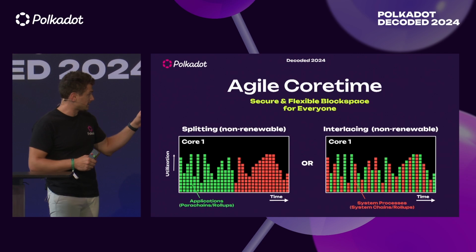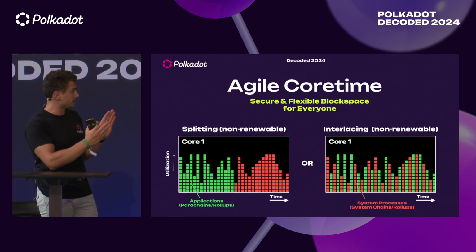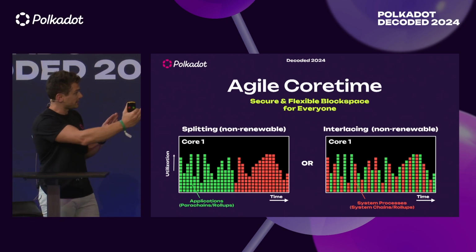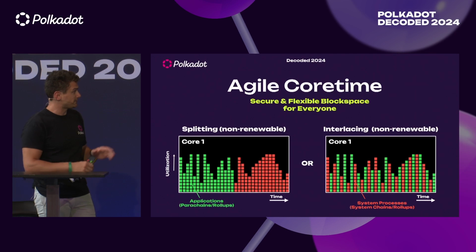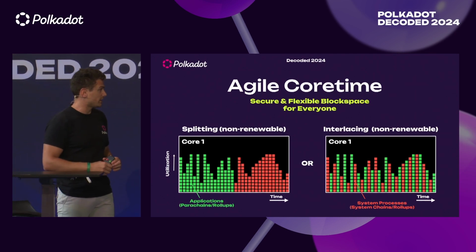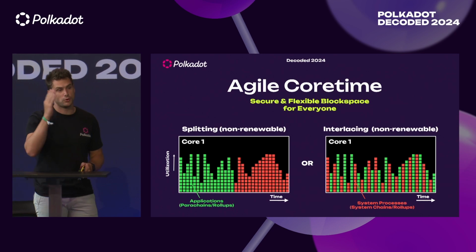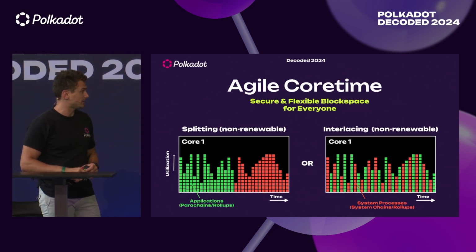You can see on the left the splitting system, where a core is running one process, then stops that process and runs another process. Or you can have this interlacing system where you go on this core, I go on this core, you go, I go, interlacing in this way.